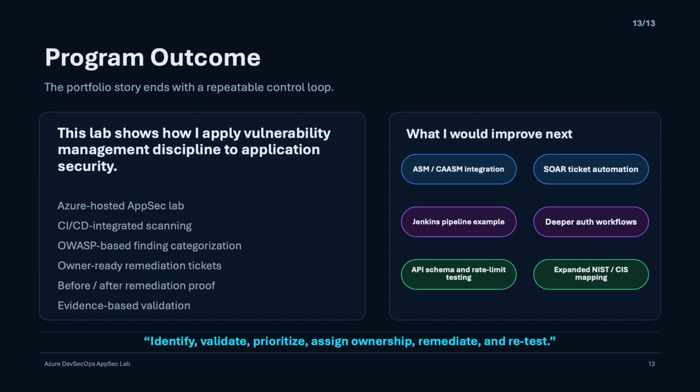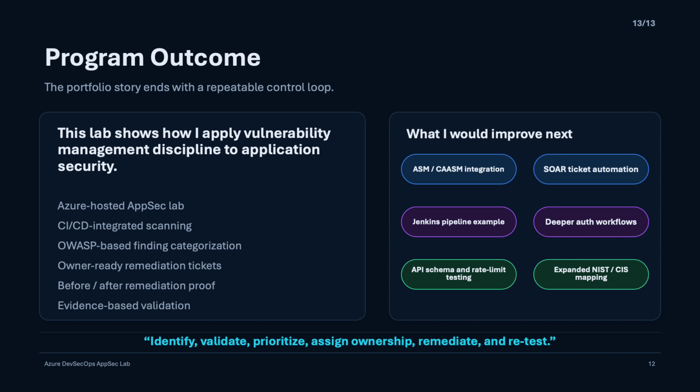All right, so to close this out, I hope I was clear in explaining how vulnerability management ties in directly with application security. In this summary, this is the Azure-hosted AppSec lab where it demonstrates CI/CD integration with security scanning, OWASP-based findings categorizations, clear remediation tickets, before and after evidence, and also validation before closure.